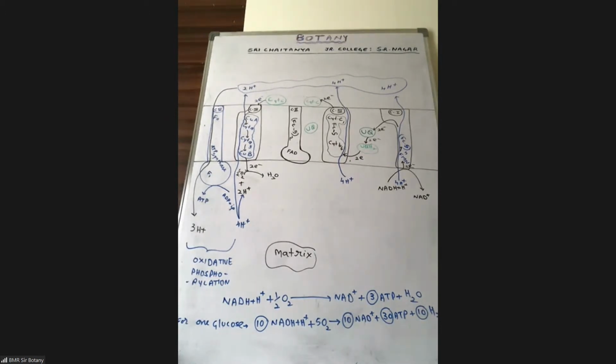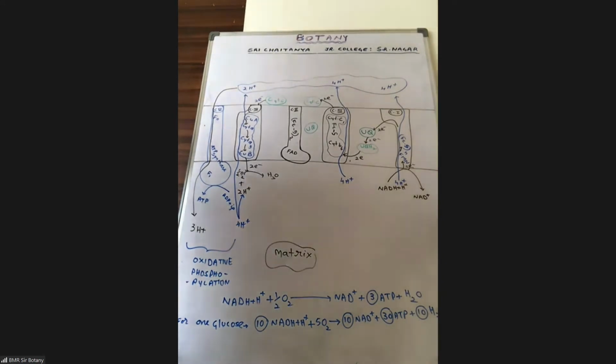The next question is, what else are going to take part in ETS? FADH2 also. Where from you got FADH2, Nana? Remember which step was yielding as FADH2? Third oxidation of TCA cycle.